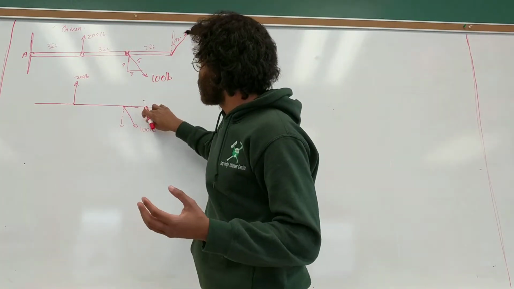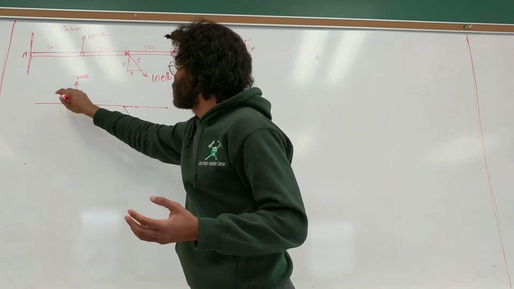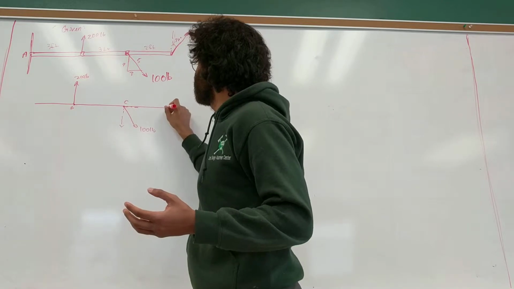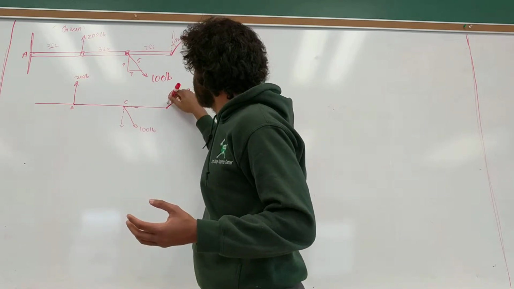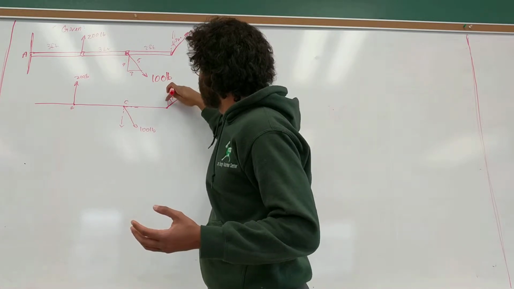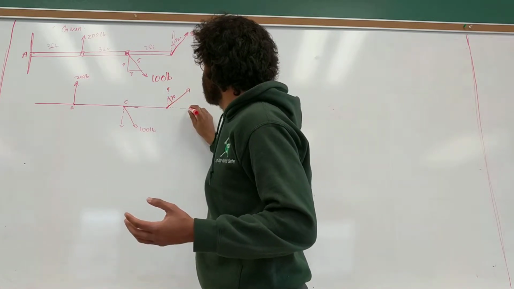So here's our x component, and that's A, so we'll call this point B, we'll call this C, and then we'll call this D, right? And then this would be 30 degrees. So those are the components.